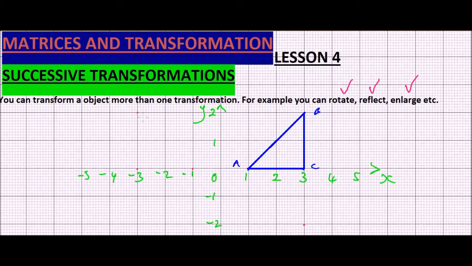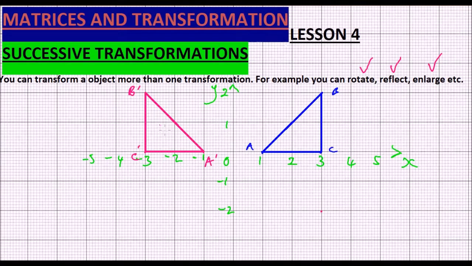So this is the image of A, this is the image of C, and this is the image of B. You can give them A prime, B prime, and C prime. So we have obtained our new triangle, A prime, B prime, and C prime, after reflecting our object, to our new image, which we can call image 1, after that transformation.